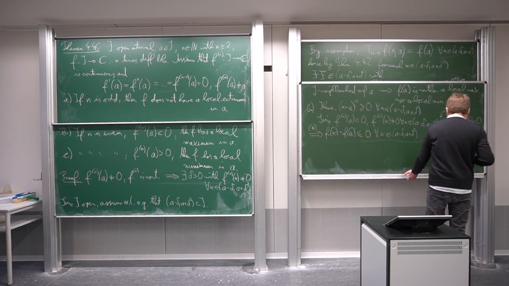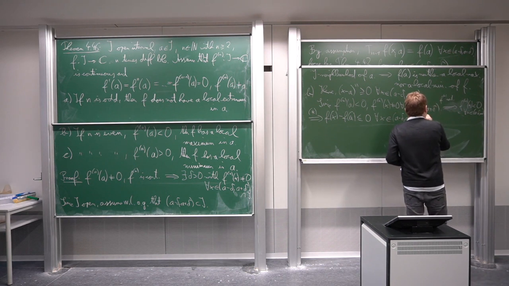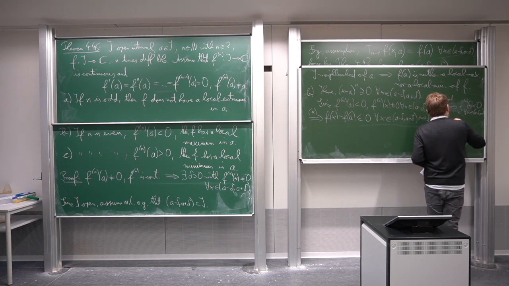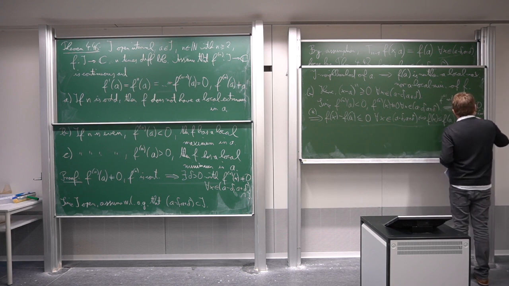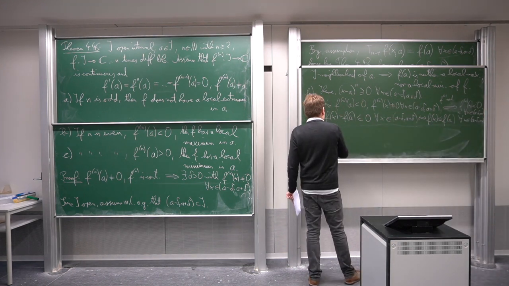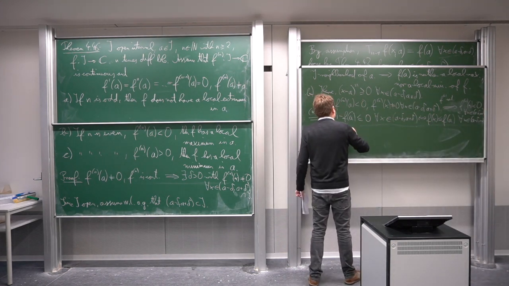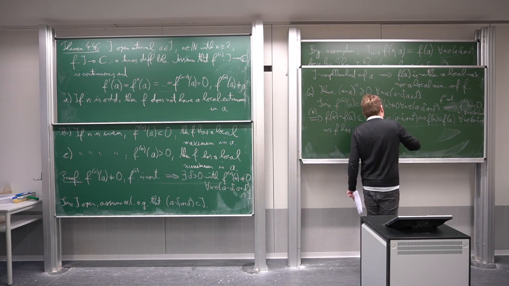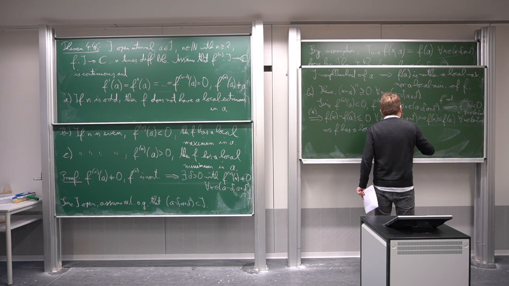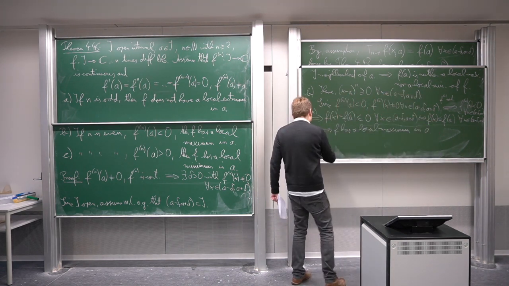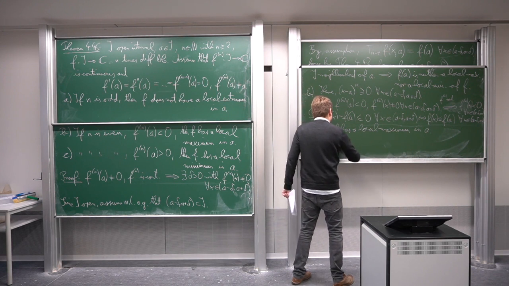And this means, of course, that f of x is smaller than or equal to f of a for all x in a minus delta, a plus delta. And this is the definition of a local maximum. f has a local maximum in a.